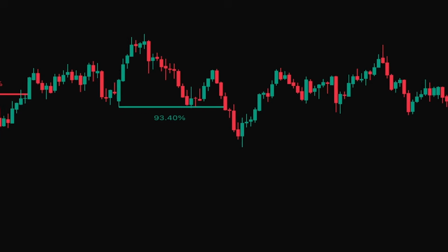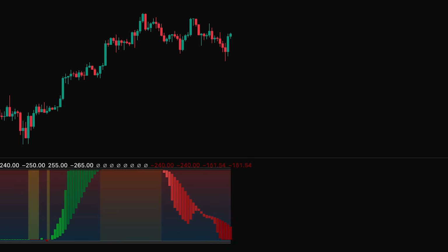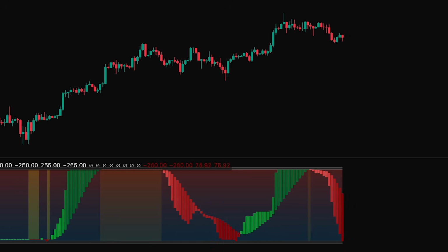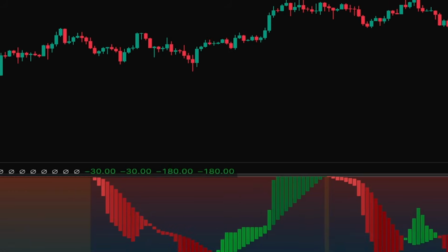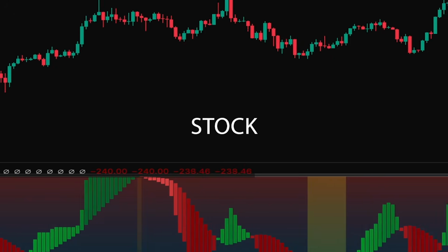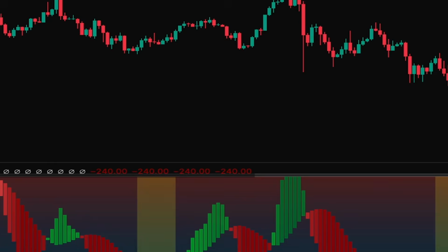Tools that use machine learning, neural networks, adaptive algorithms, and real predictive edge to help spot trends, reversals, and high-probability setups before the crowd even knows what's happening. Whether you're scalping crypto, swing trading forex, stocks, or futures, these indicators are game changers in 2026.